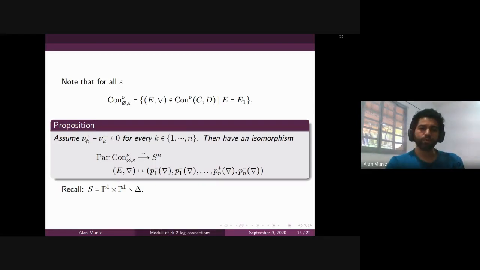Here we need this assumption just so that these directions are actually well defined, since if we have equal eigenvalues, we don't have distinct, well defined eigenspaces. And recall that here S is P1 cross P1 minus the diagonal.